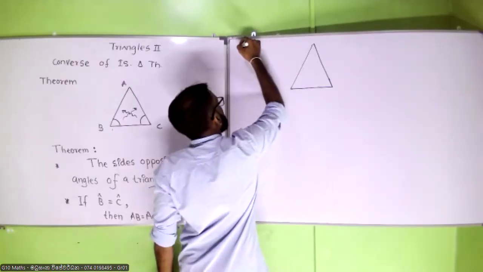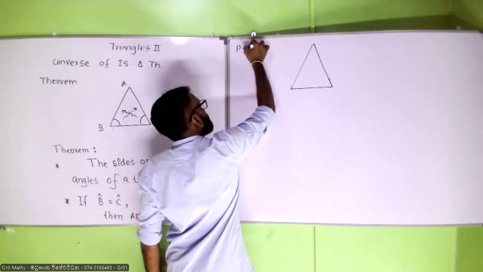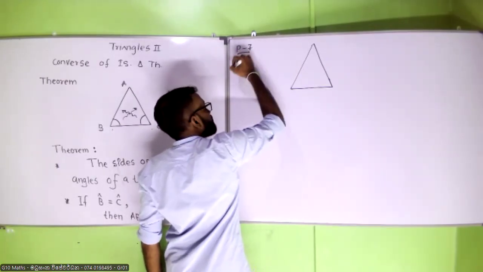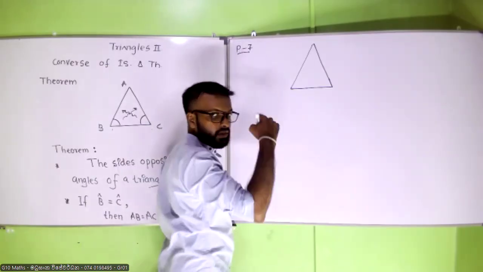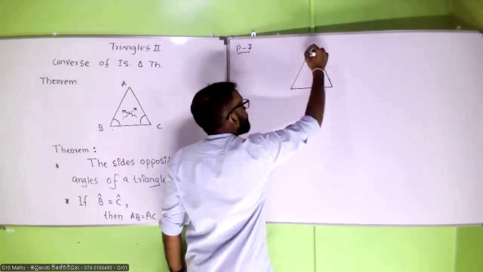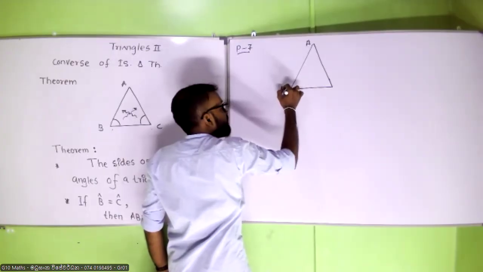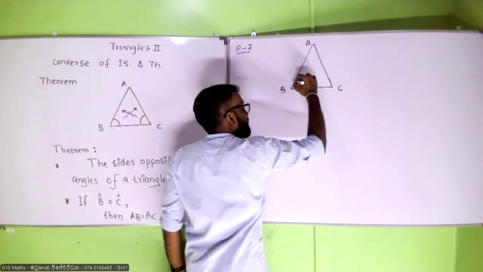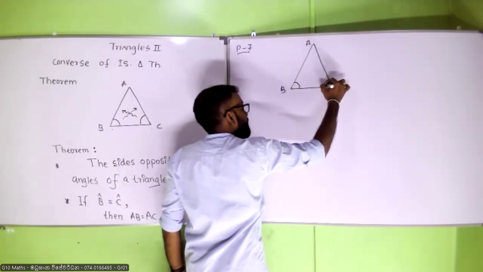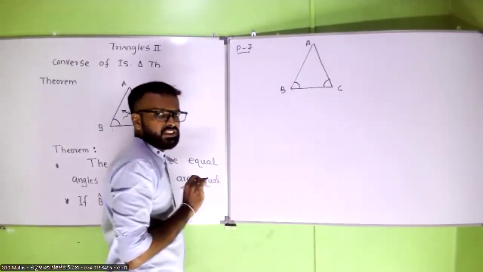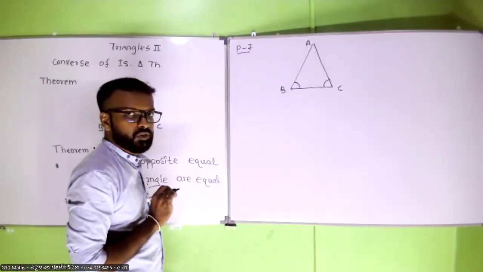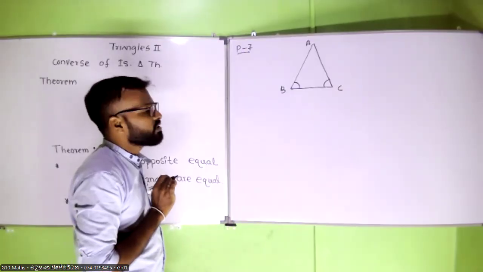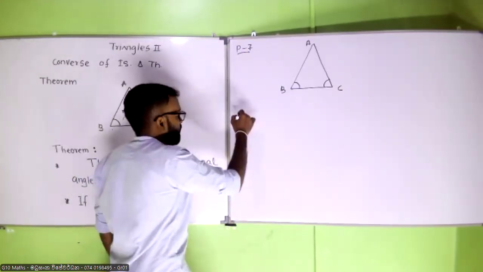Page number 7, bottom, second quadrant. Right? Inside the second box, you have to do this. This is A, this is B, and this is C. And the only data that they have given is angle B equals angle C. This is the initial figure. You need to know. Right? So data.